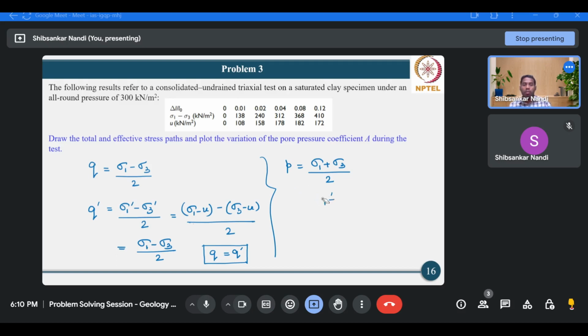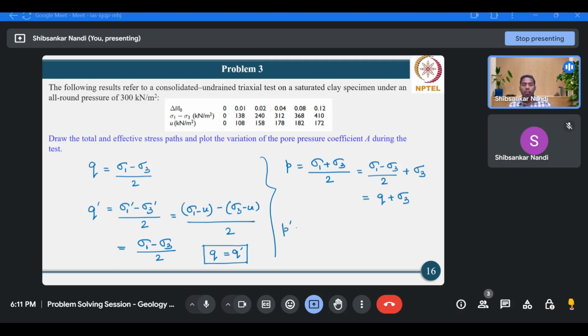One more thing: (sigma 1 plus sigma 3) by 2 can be written as (sigma 1 minus sigma 3) by 2 plus sigma 3, so that means Q plus sigma 3.